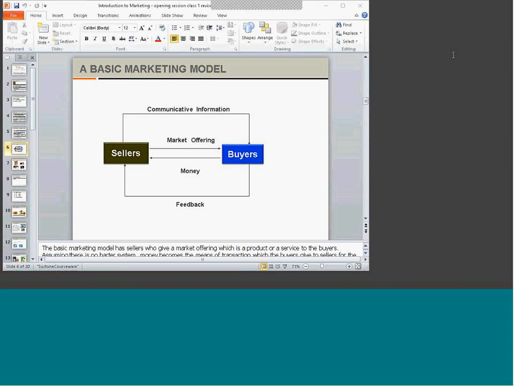Okay, I'm just recapping the concepts we've covered till now. That is, to be a seller and a buyer, something to sell and something to buy. The buyer, in the absence of a barter system, is providing money or currency.